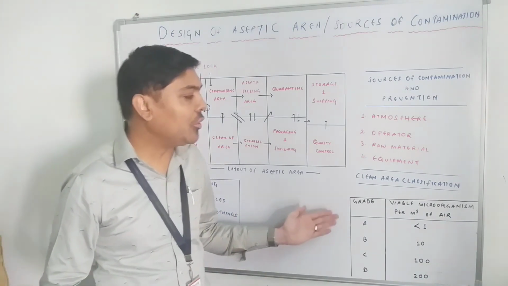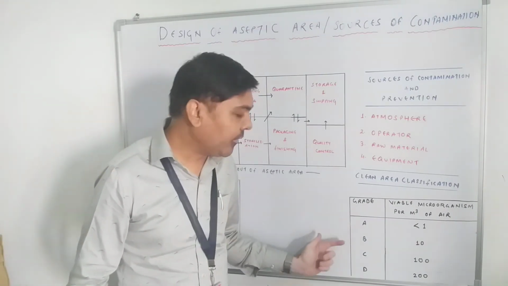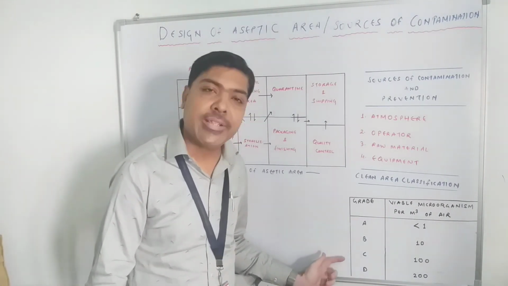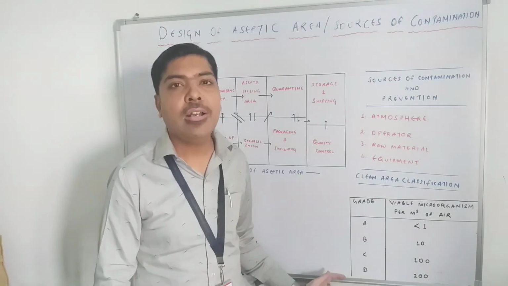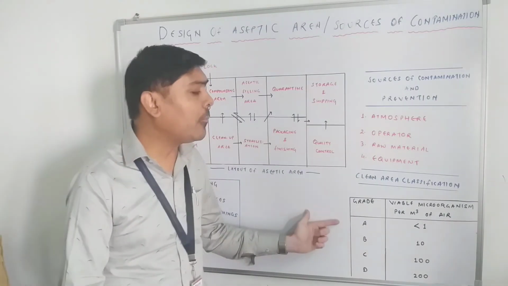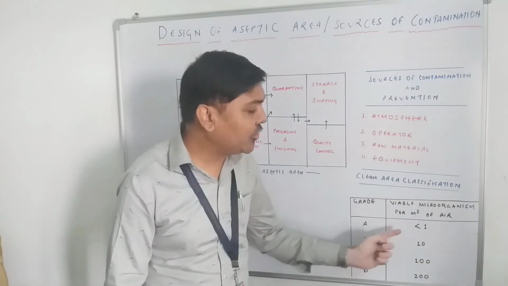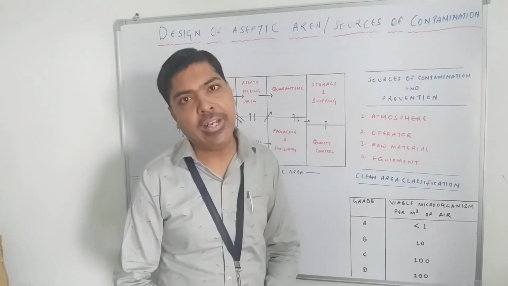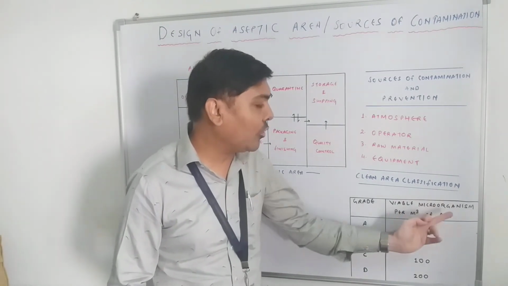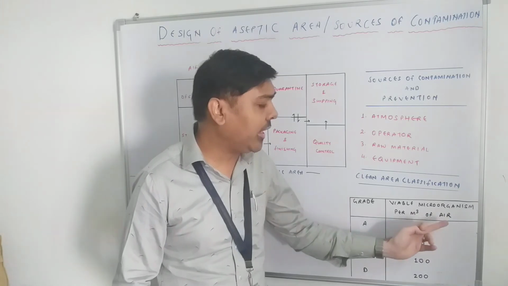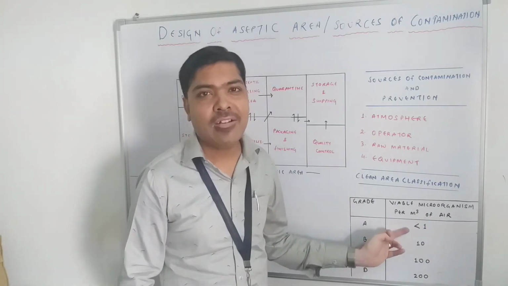For example, it can be a grade A area, a grade B area, a grade C area, or a grade D area. As you can see in this table, in a grade A area the number of viable microorganisms per cubic meter of air should be less than 1.